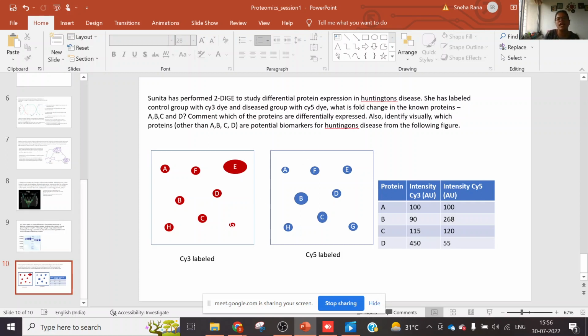Here you need to calculate the fold change to know which proteins are upregulated and which are down regulated. In this manner, DIGE is used to find the difference in protein expression between two different groups.